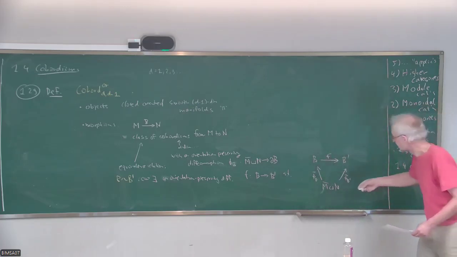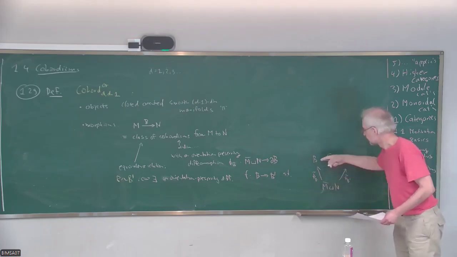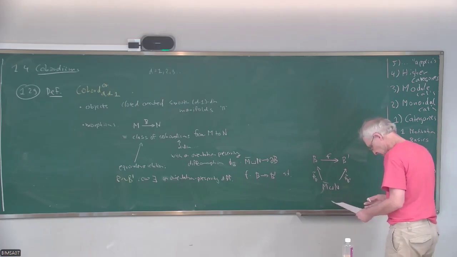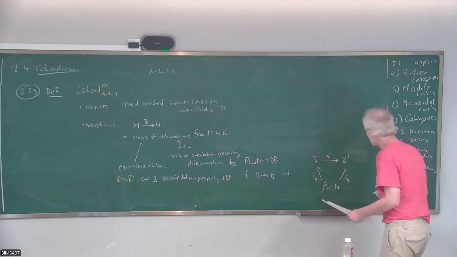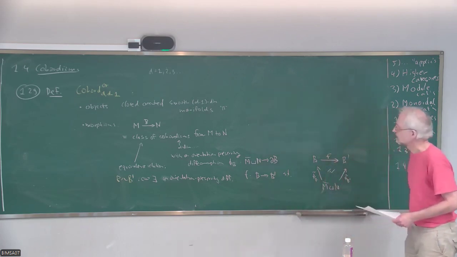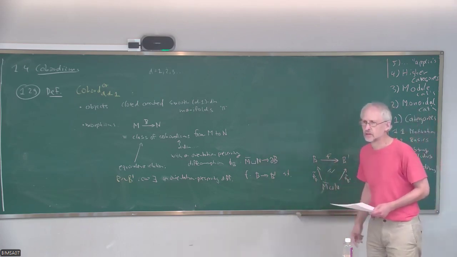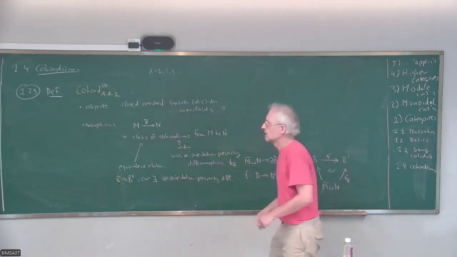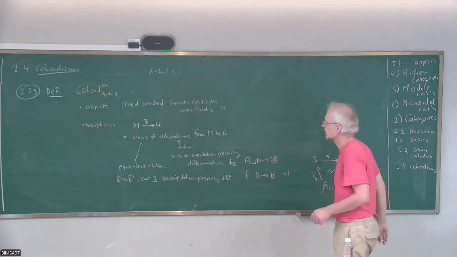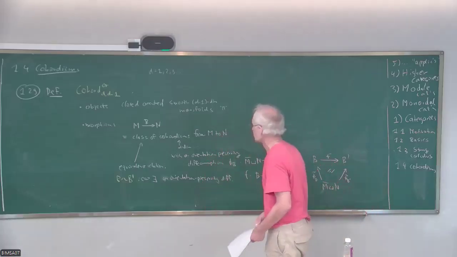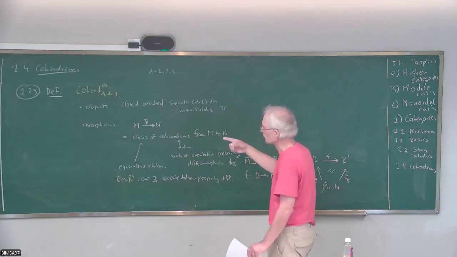The composition of phi with the inclusion map. And we require that this commutes, and if such an F exists, then we say the two are equivalent. So this in particular means if you do some deformations, then as a cobordism, they are considered to be the same.